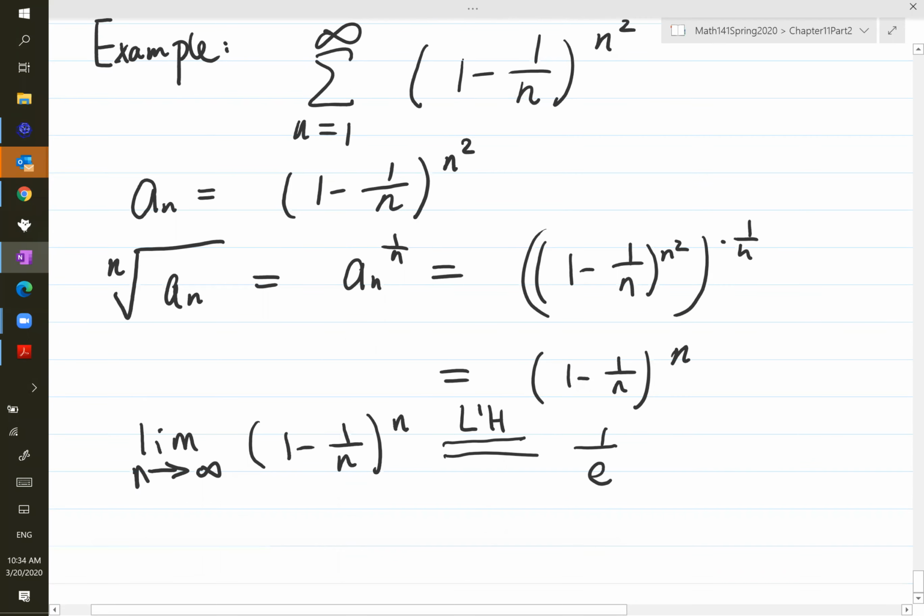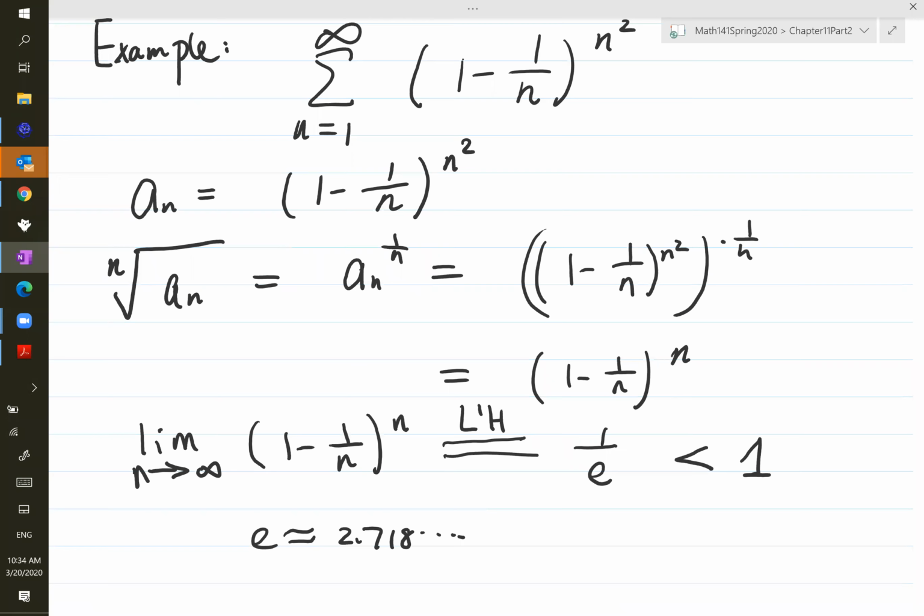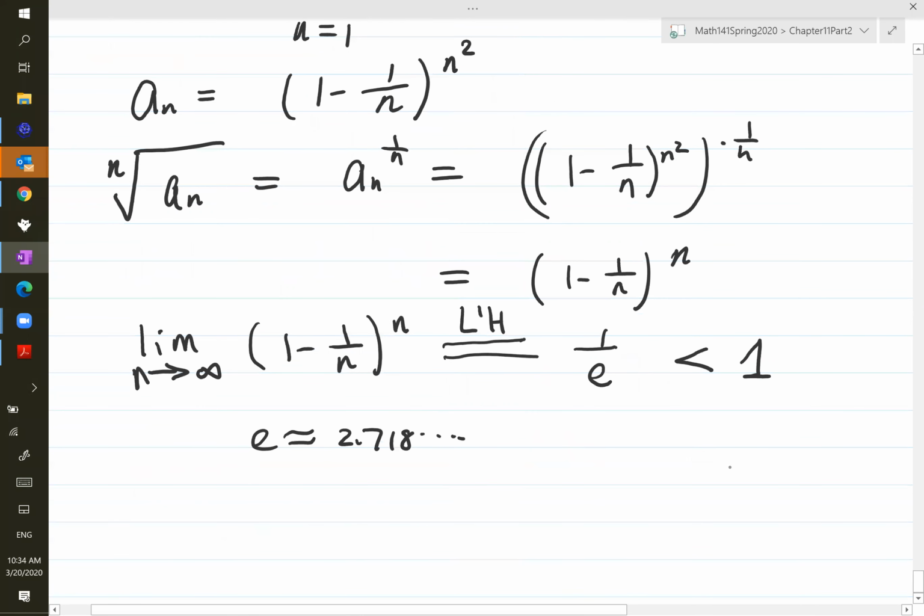Now remember e is around 2.718, so it's greater than 1. So this 1 over e is less than 1. This ratio is less than 1. So the given series more or less mimics the geometric series of e to the negative n, n from 1 to infinity, which has a common ratio less than 1.